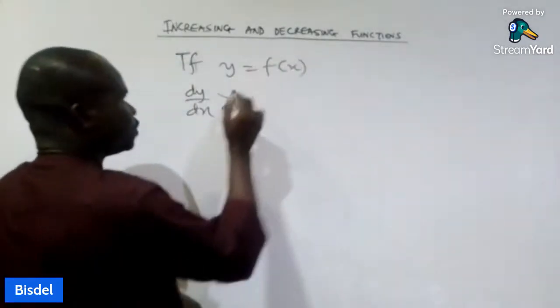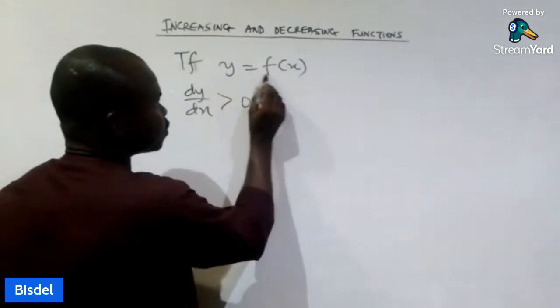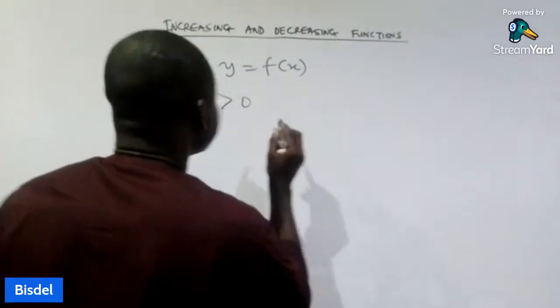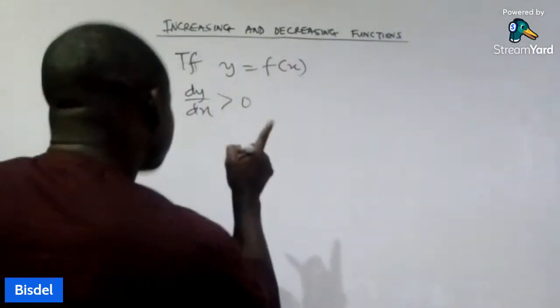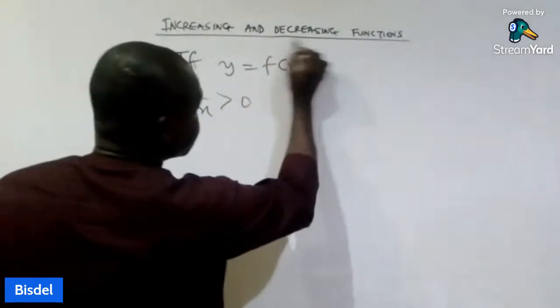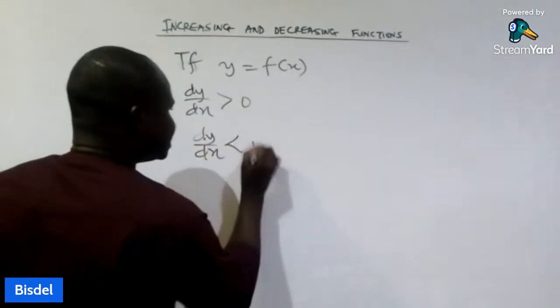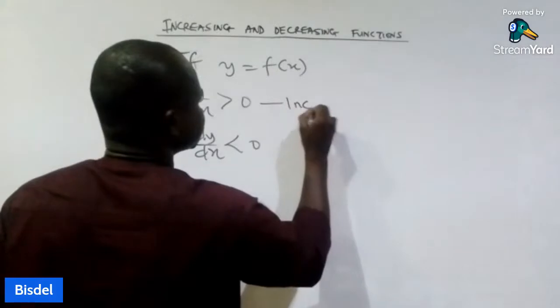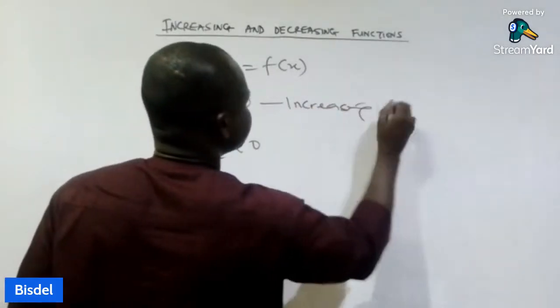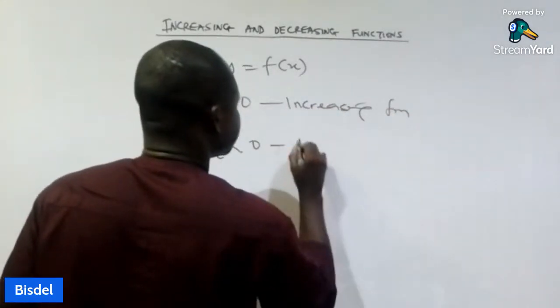And if y, which is equal to a function of x, is a decreasing function, dy/dx will be less than 0. That is, this is increasing, and this is where we have decreasing.